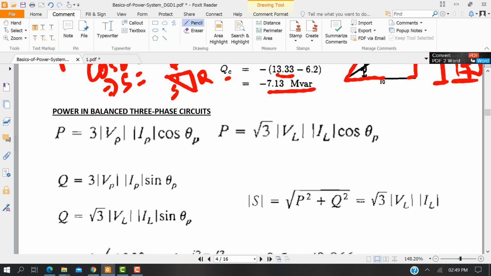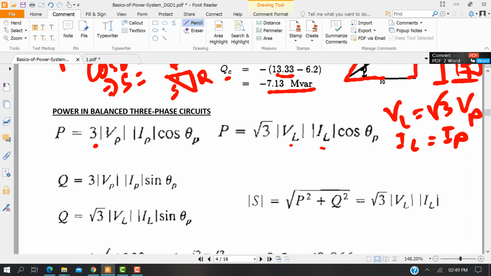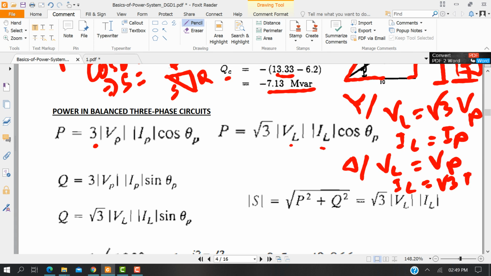Now power in a balanced three-phase circuit. The phase value for three-phase is 3, and the line value can be expressed with root 3, because we know that for Y connection VL equals root 3 VP and IL equals IP, and for delta connection, the mesh connection, VL and VP, the phase value and line value, are the same, but here the difference is current.